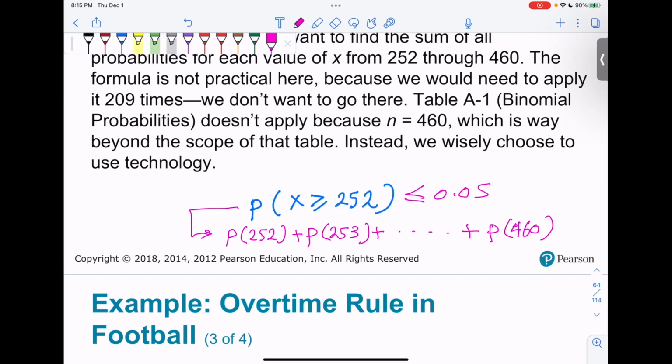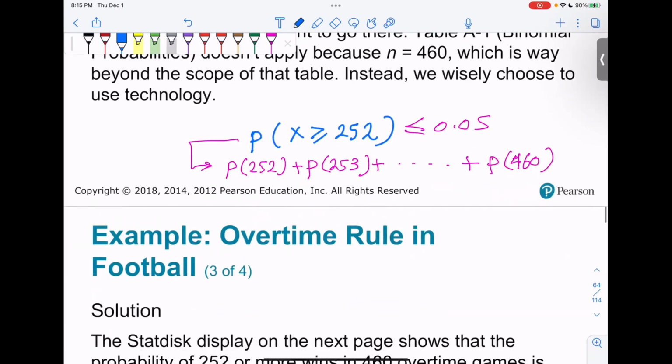And each single time, if we want to do it manually, we have p equals q equals 0.5, right? And we have n equal to 460.